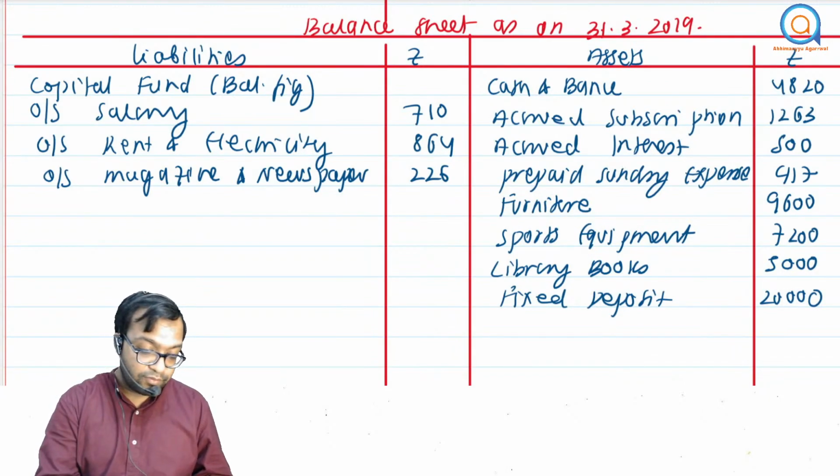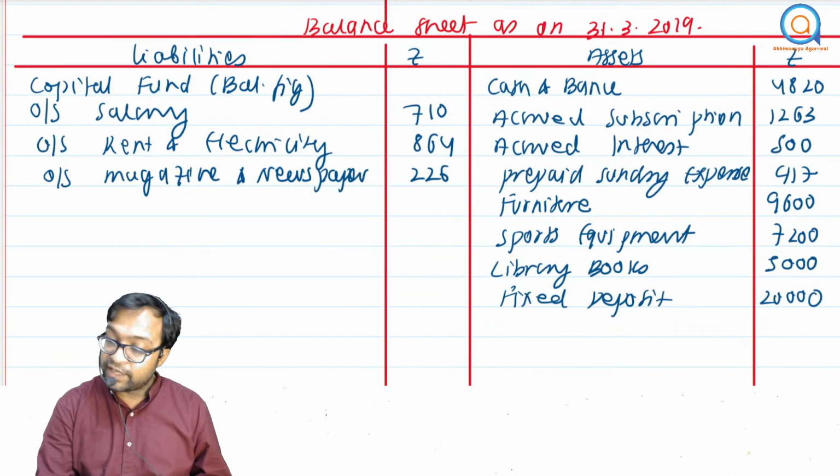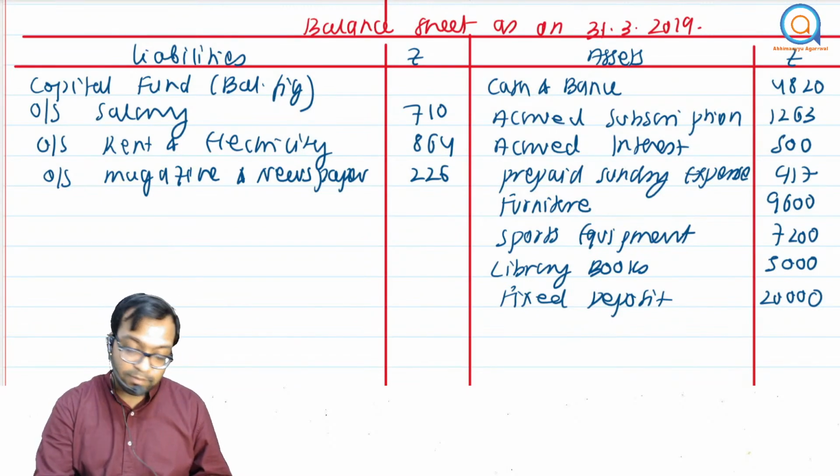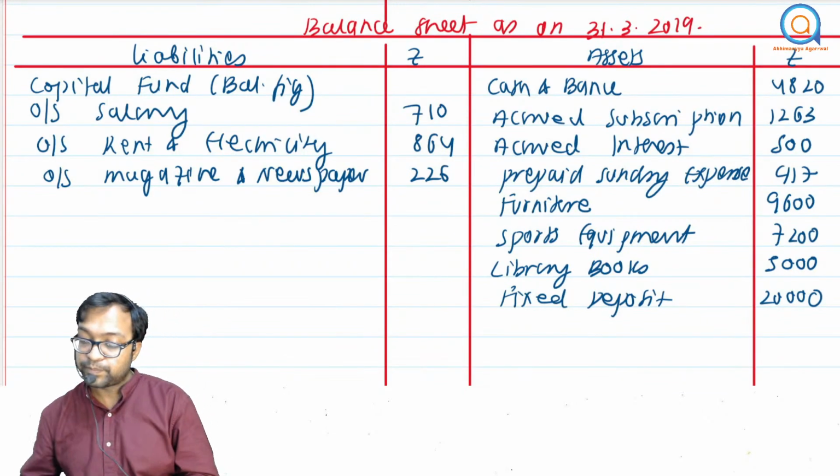Chalo, 4820 plus 1263 plus 500 plus 417 plus 9600 plus 7200 plus 5000 plus 20,000.